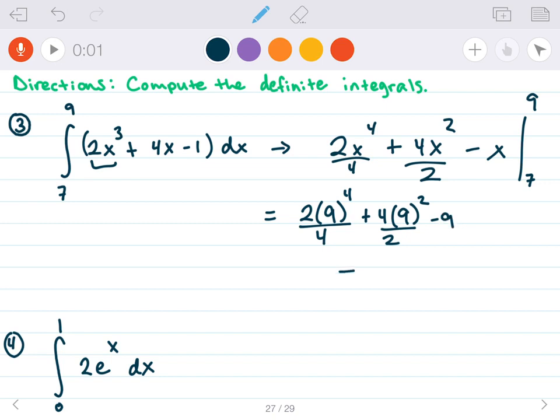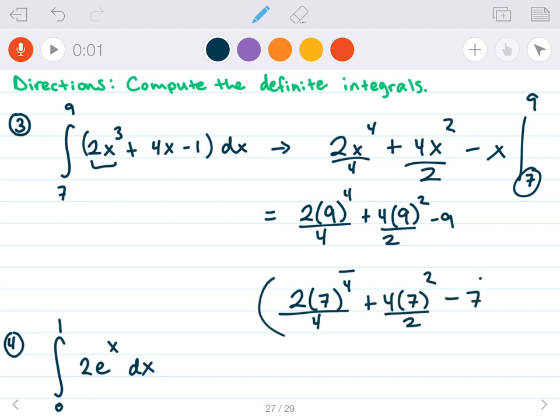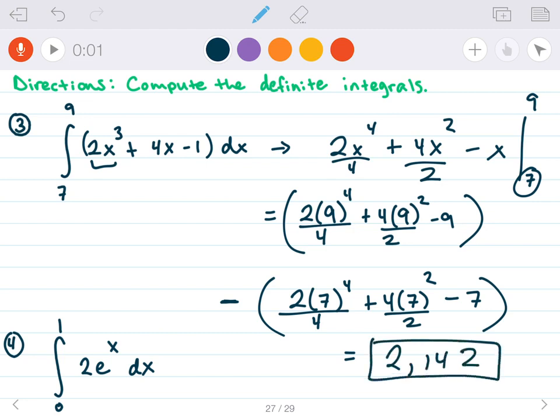And I'm subtracting from that, plugging in my lower bound: 2 times 7 to the 4 over 4 plus 4 times 7 squared over 2 minus 7. Let's be careful to make sure that this negative gets distributed across everything. Make sure you do that. So what you should end up getting, if you do this in the calculator, is 2,142. That's the area under this curve from x equals 7 to x equals 9.